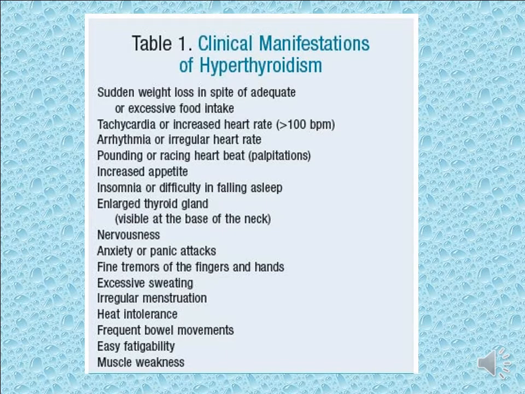This table shows the clinical manifestations of hyperthyroidism. Sudden weight loss in spite of adequate or excessive food intake, tachycardia or increased heart rate of more than 100 beats per minute, arrhythmia or irregular heart rate, bounding or racing heartbeats, palpitation, increased appetite, insomnia or difficulty in falling asleep, enlarged thyroid gland visible at the base of the neck, nervousness, anxiety or panic attack, fine tremor of the finger and hand, excessive sweating, irregular menstruation, heat intolerance, frequent bowel movement, eye fatigability, and muscle weakness.